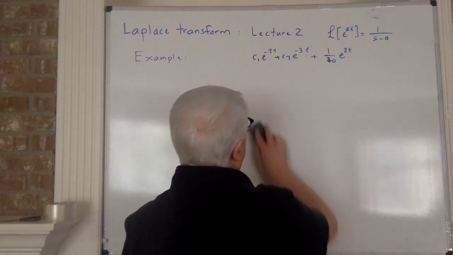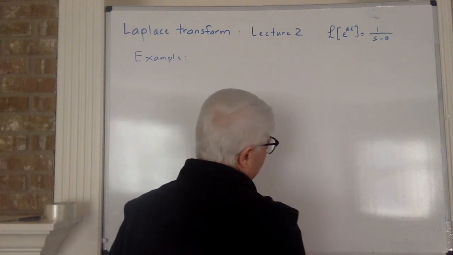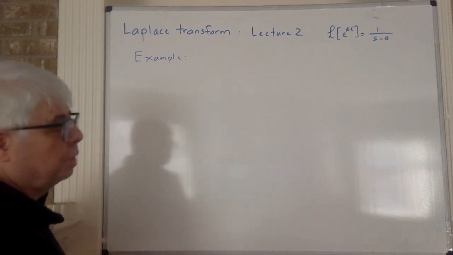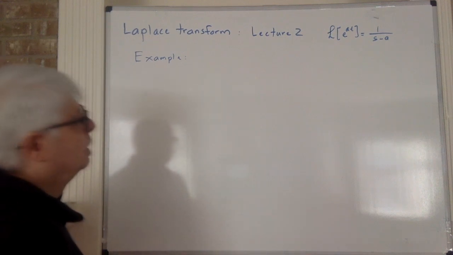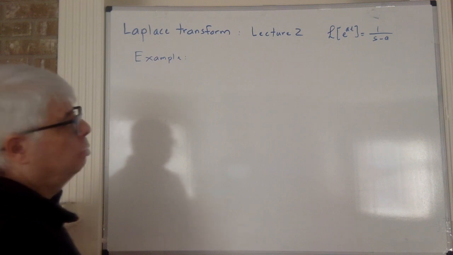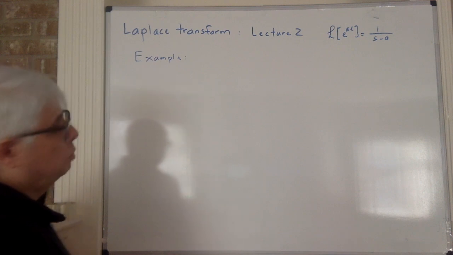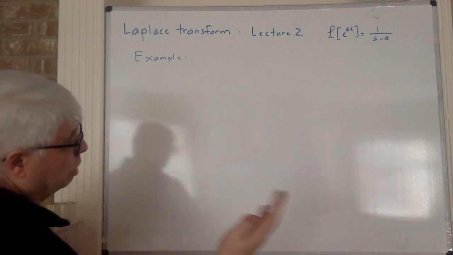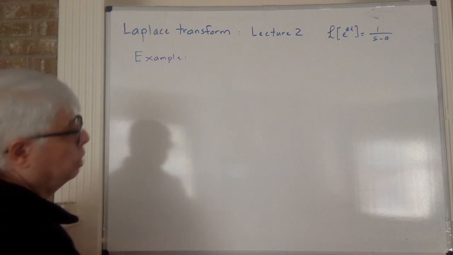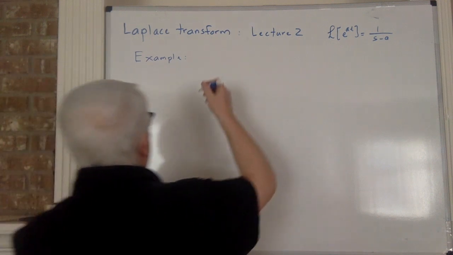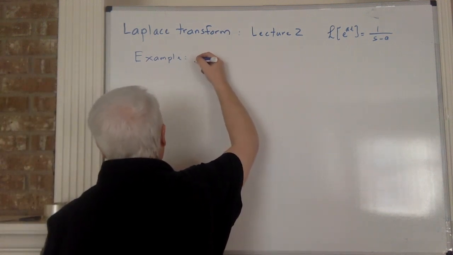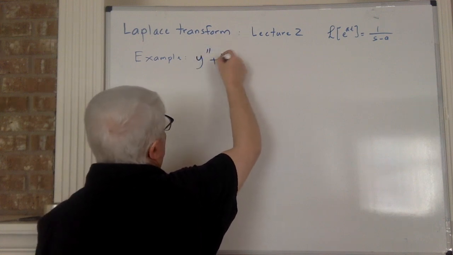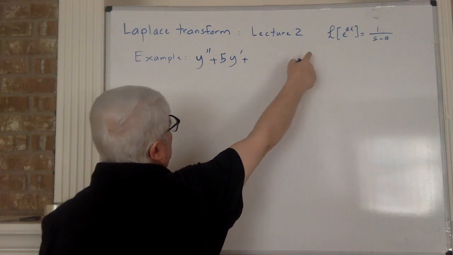For this, if you just don't panic and do the partial fraction, which you can do online, so don't worry about that, then this is in fact an amazingly nice way of solving certain differential equations for which you have the Laplace transform of the right-hand side, the forcing function. So let's go with y double prime, let's go with the same one again, because we know the answer.